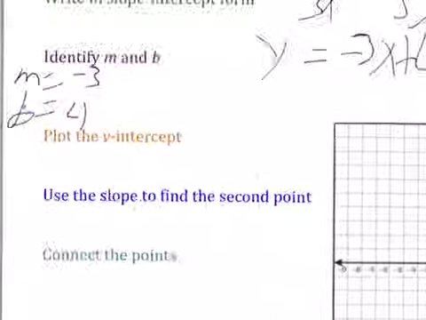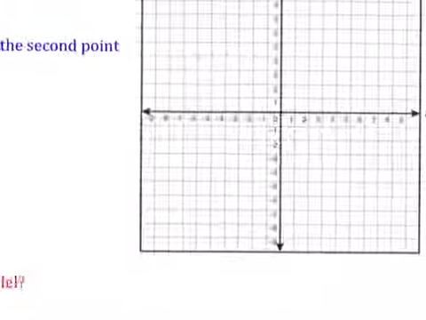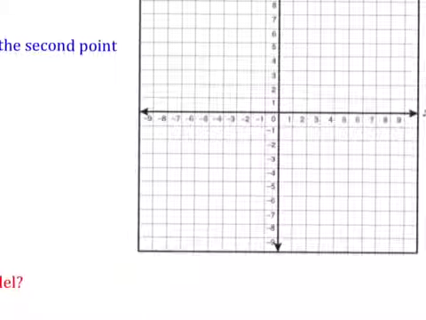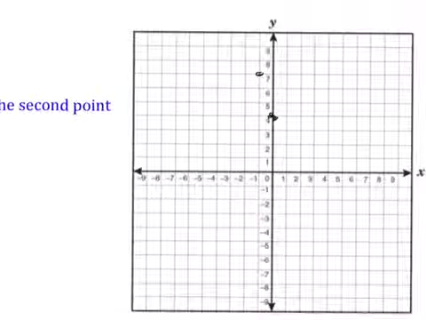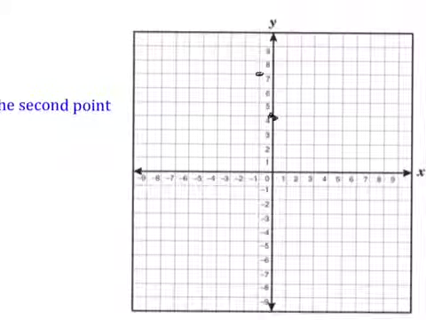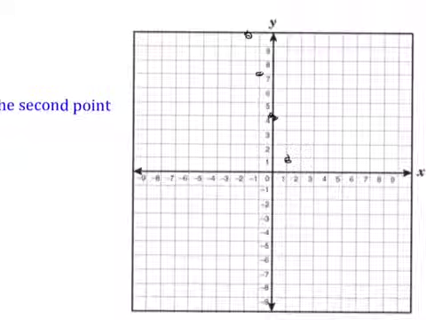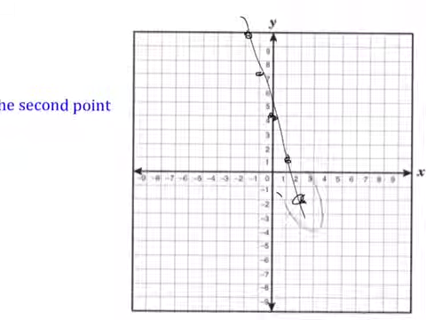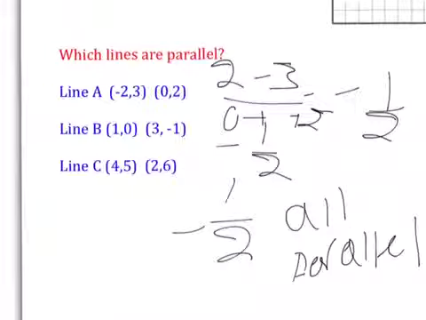And then we're going to graph that, y equals negative 3x plus 4. And so it's going to be negative 3 over 1, so we go down 1, 2, 3 and over 1, and so on. The slope is negative 3 over 1.